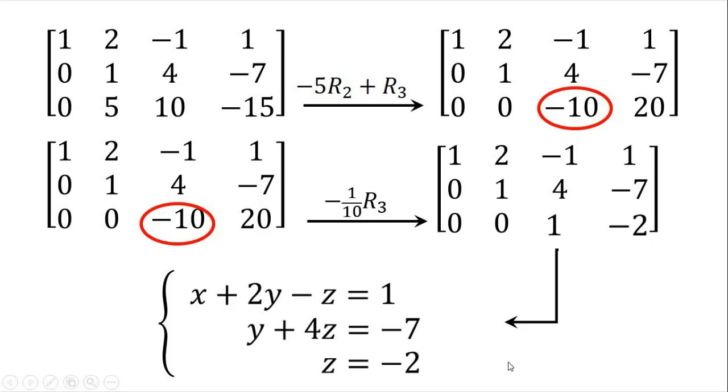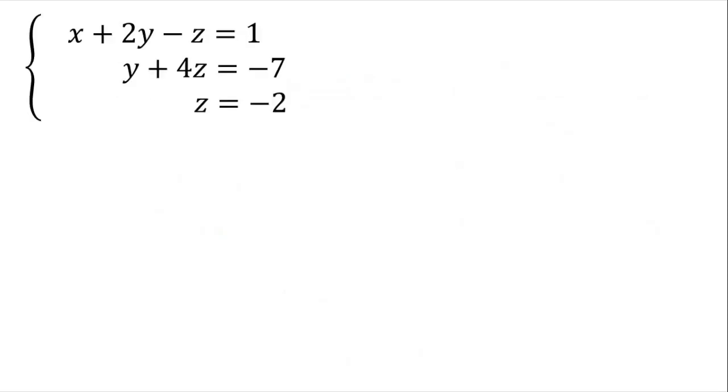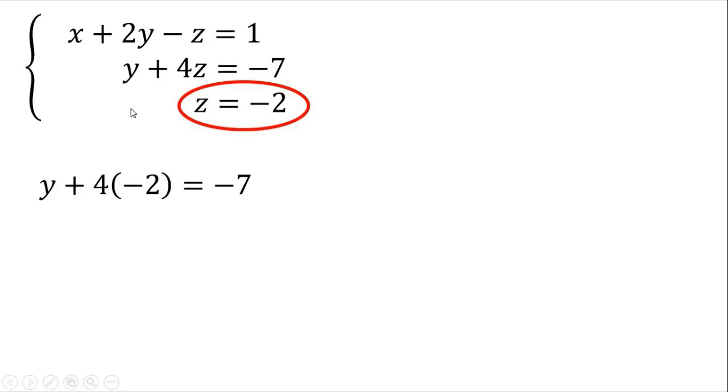Now, solving for the values of x, y, and z, looking at the system, we already have a value for z. Now, solving for the value of y, we can substitute this value of z into the second equation. So we have y plus 4 times negative 2 equals negative 7. Solving for y, we get 1.